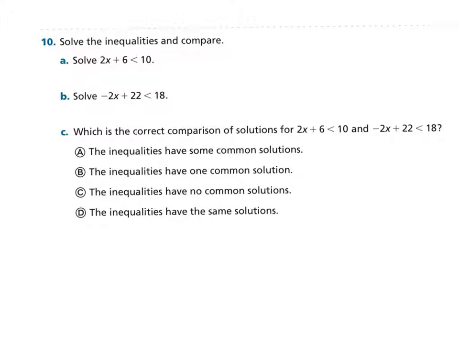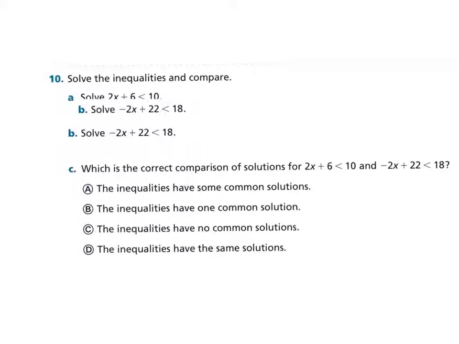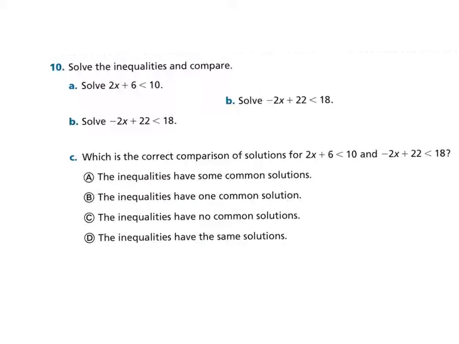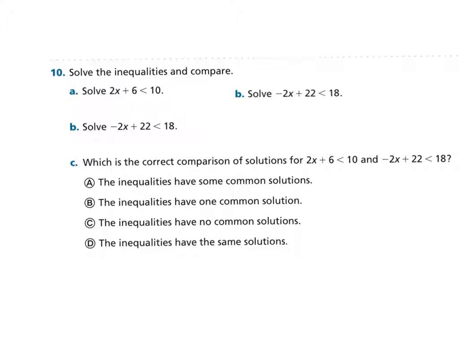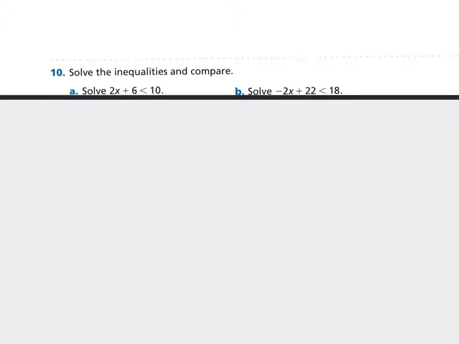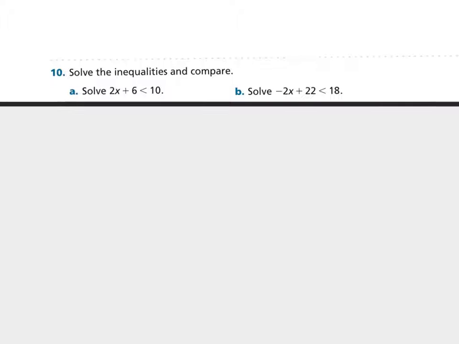Number 10, they want us to solve the inequalities and then compare them. So just going to put this other one over to the side here so I can look at them a little easier. So the first inequality, again, trying to get that variable part by itself.